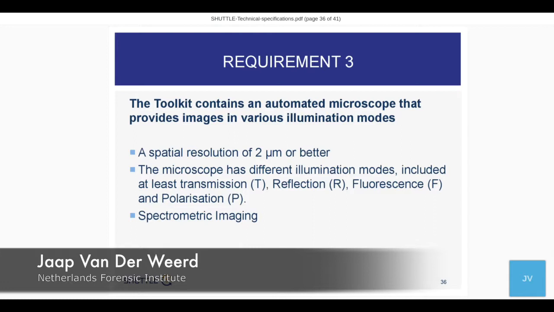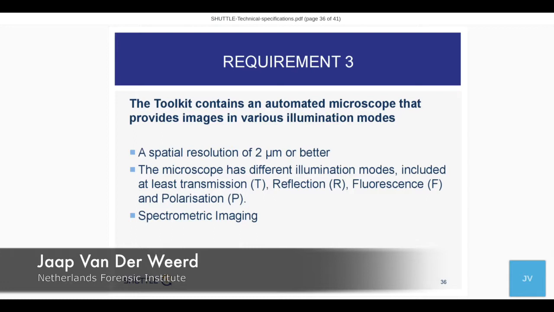The traces that we look at are normally 8 microns, 10 microns, 20 microns. That's about the edge. So we would like to have a number of pixels for every trace. So we should be in the order of 2 microns pixel size. So not, as it said here, spatial resolution, but pixel size, effective pixel size.